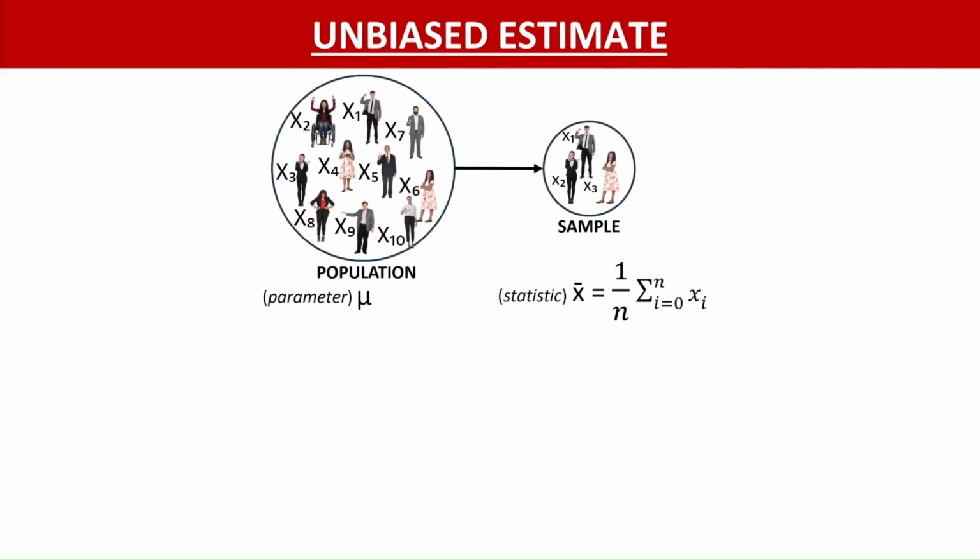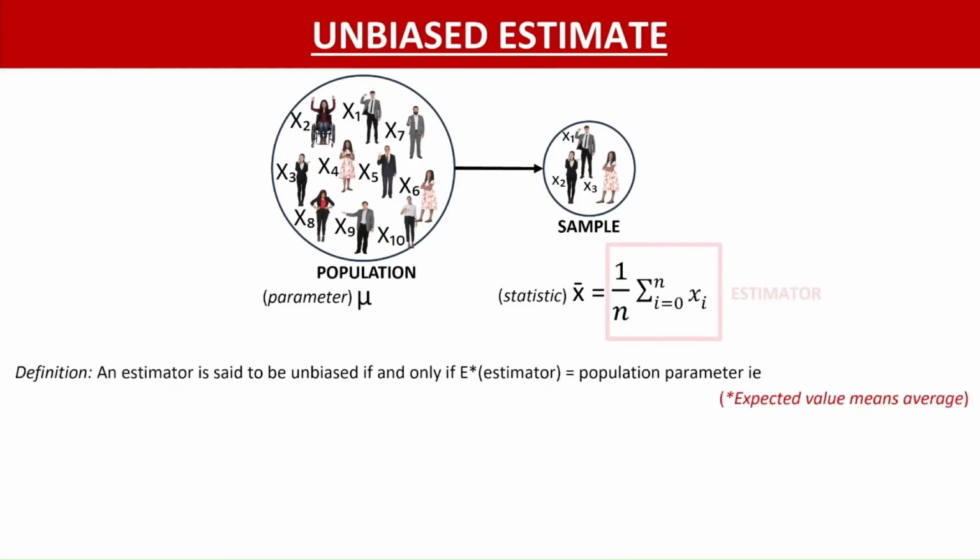X bar is given by the function 1 by n summation of i equals 1 to n x of i. This function is called an estimator. An estimator is a calculation from the sample that is used to estimate the population value. Now let us see the definition of an unbiased estimator.